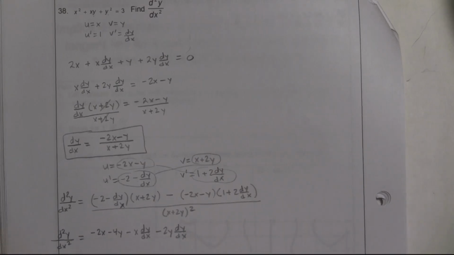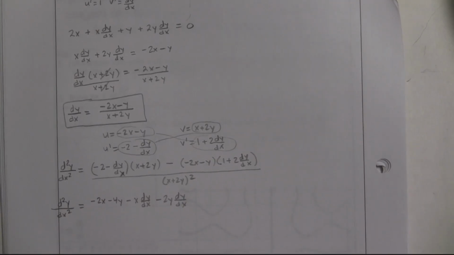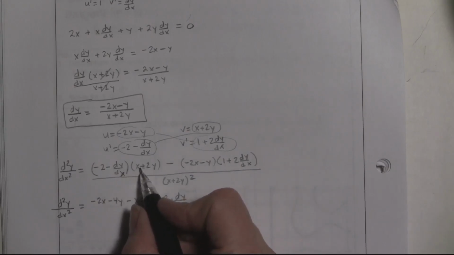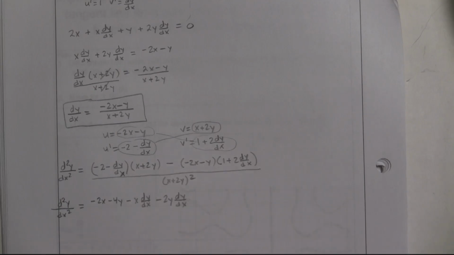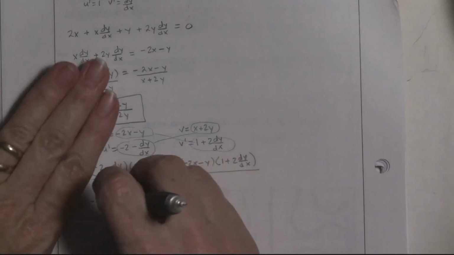I think I'm going to see if it cleans up a little bit with what I have over there. And if it doesn't have some things cancel out, see, dy/dx, the denominator is x plus 2y. So that would cancel there when I multiplied it by that piece. Maybe that's what I want to do.